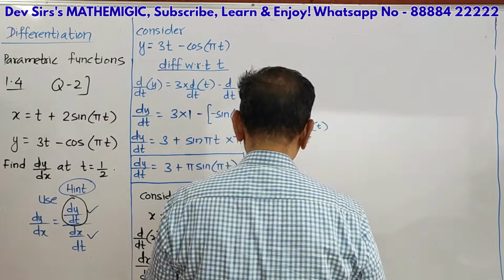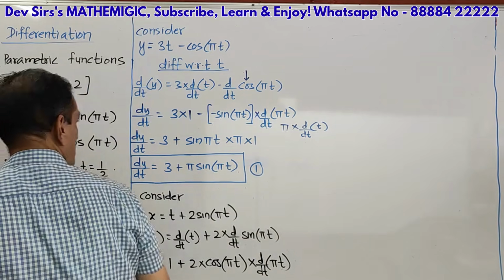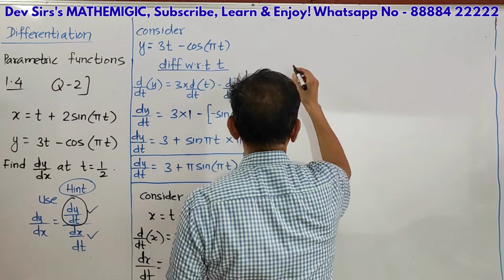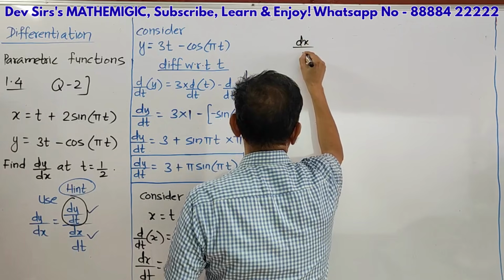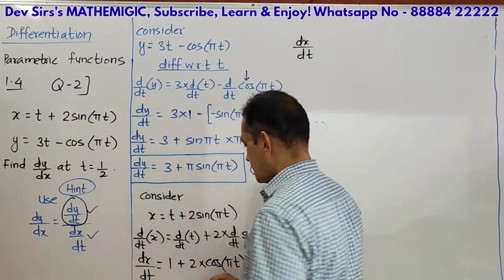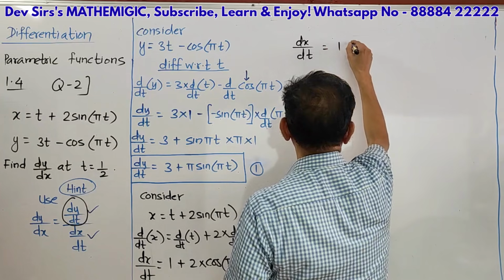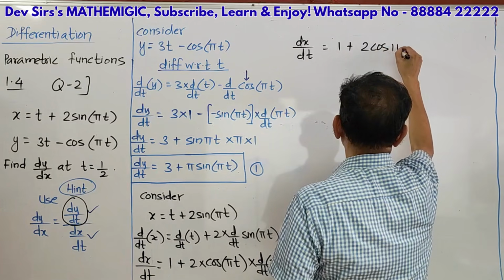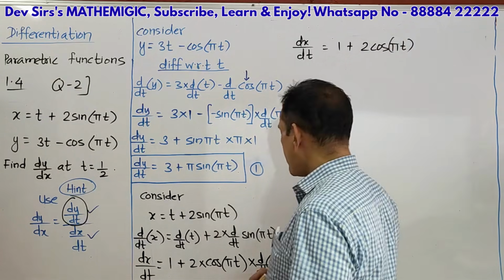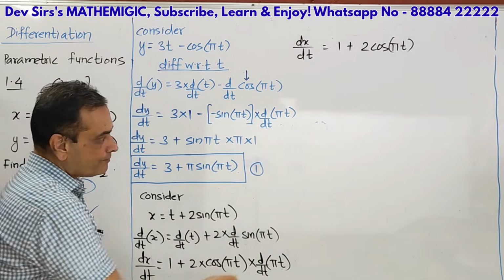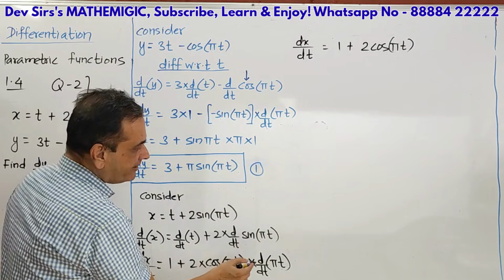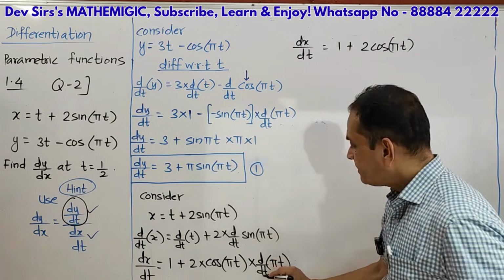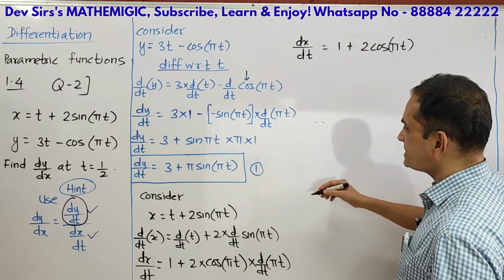So let's see now. dx by dt, one plus 2 cos pi into t, और अभी जहां पे मैंने रब किया वहां पे दिखाया था डेरिवेटिव ऑफ पाई टी, पाई कांस्टेंट बाजू को रखो, डेरिवेटिव ऑफ टी इज 1, सो d by dt of pi t is pi into 1, like we did in the earlier case.